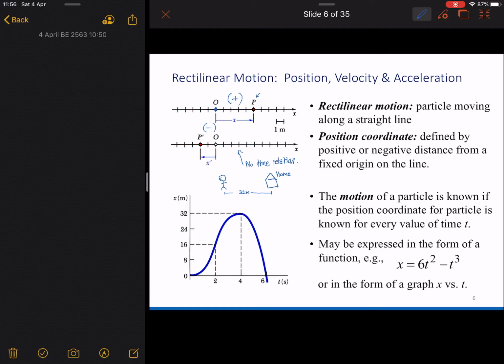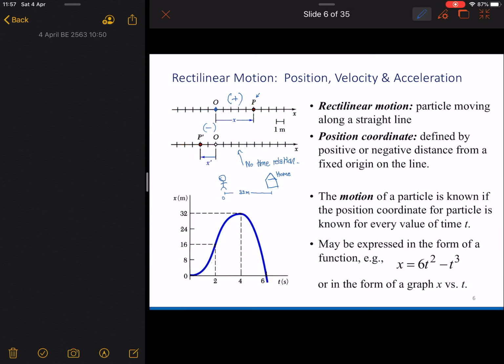If the graph below is the position coordinate with the time of yourself, when will you reach home? What is the time that you spend walking from the original position, position 0, to your house?